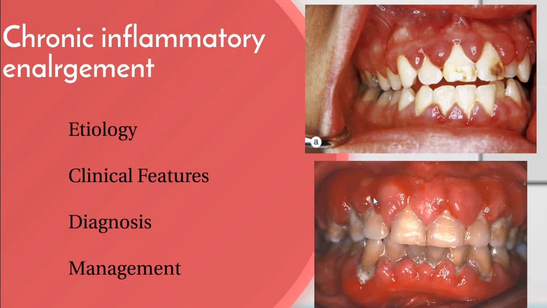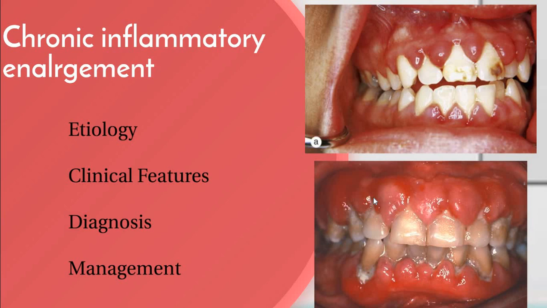regarding the etiology here, we have local factors and we have habits. Regarding the local factors, the etiology of chronic inflammatory enlargement could be caused by prolonged exposure to dental plaque, let's say neglected patient, which may occur due to poor oral hygiene, an abnormal relationship of the adjacent and opposing teeth, let's say crowded teeth, lack of tooth function.